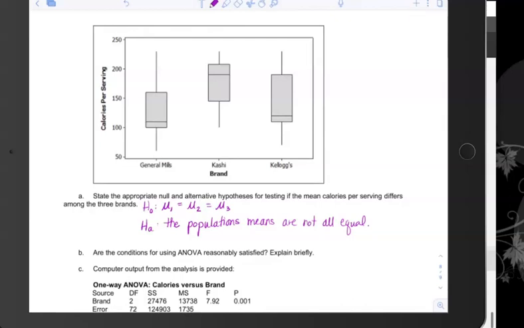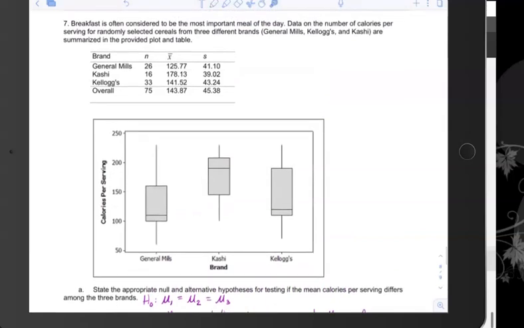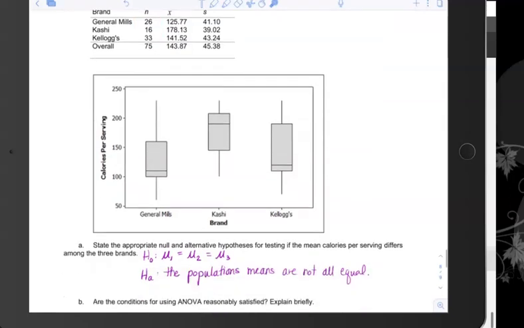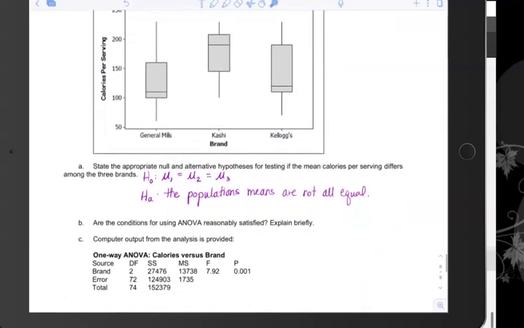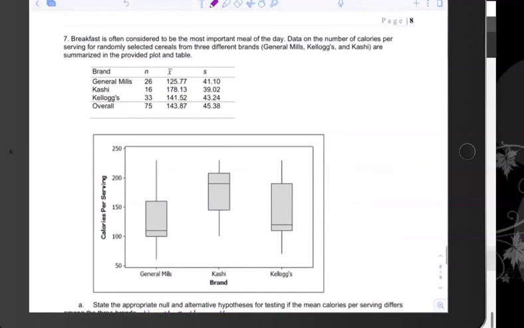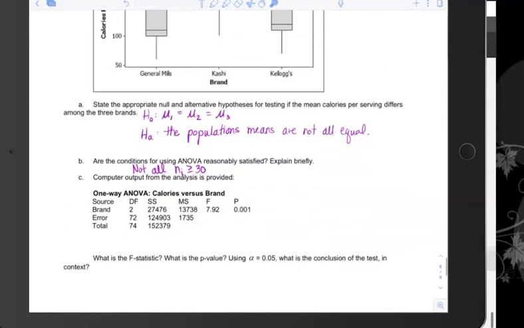So are the conditions for ANOVA reasonably satisfied? Let's go look here. Well, we're a little concerned. Not all n's are greater than or equal to 30. So that's a problem. Let's look at the measures of variability. The measures of variability are reasonably equal.